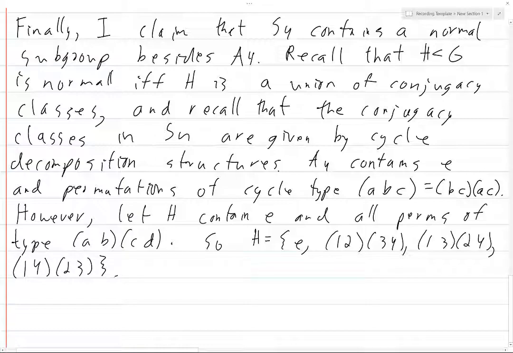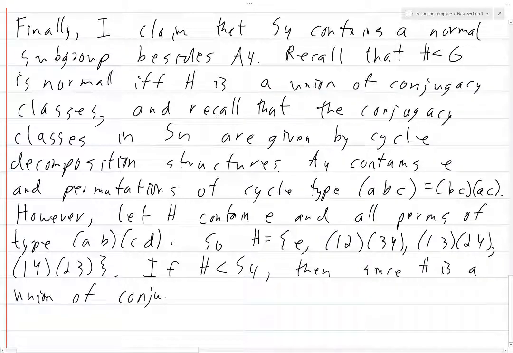See here. If H turns out to be a subgroup, then since H is a union of conjugacy classes, it will follow that H is normal in S4.